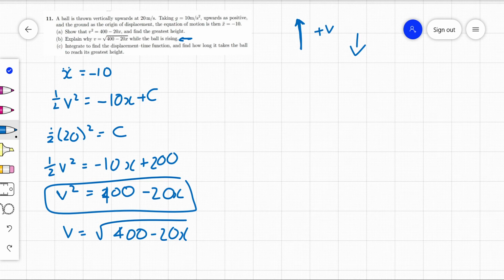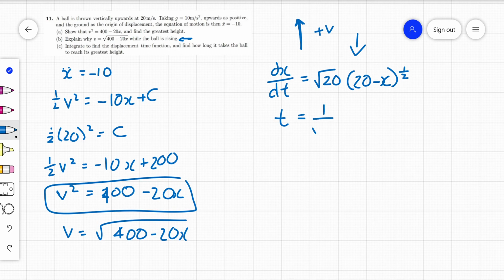So remember v is dx by dt, so let's go for dx by dt, which gives us displacement and time. I'm going to put a root 20 out the front, so I'm factorizing by root 20, and that leaves me with 20 minus x to the half. So in order to get to t, we need to flip everything upside down.